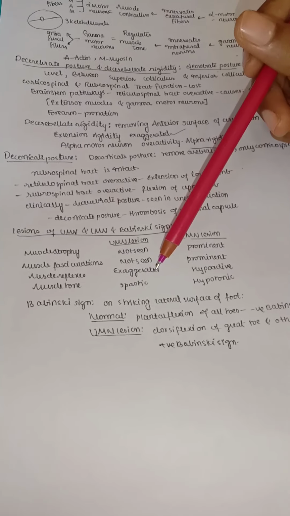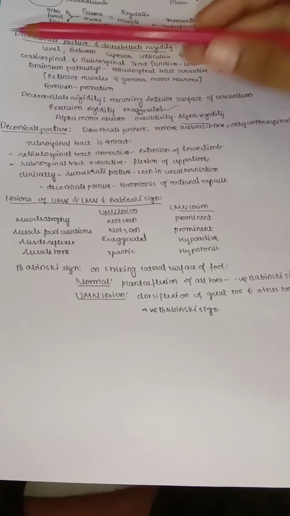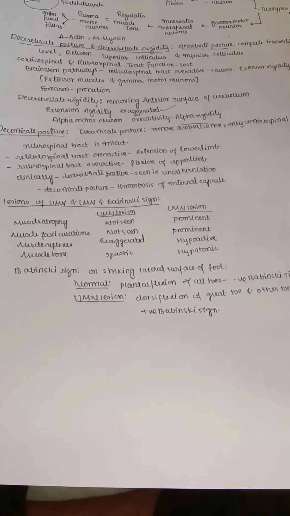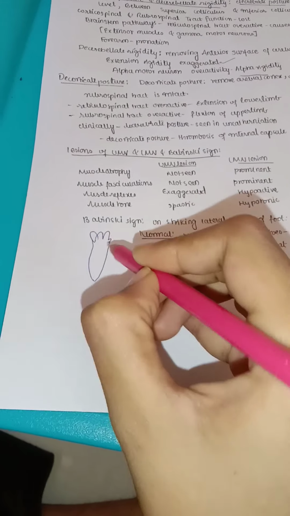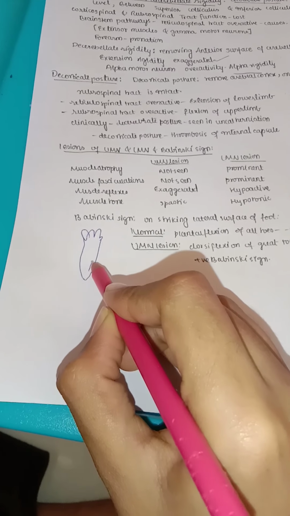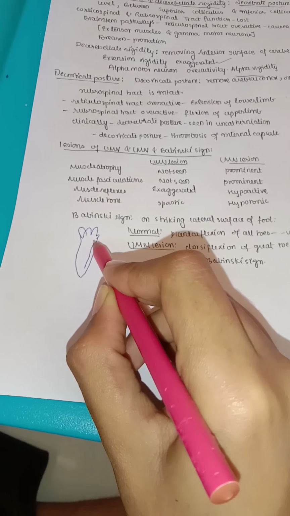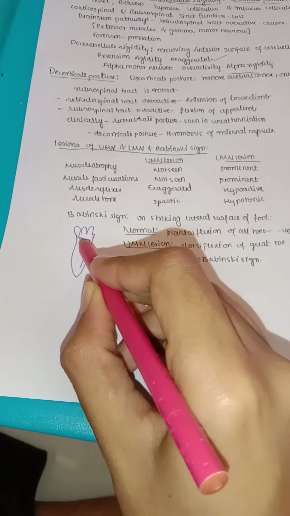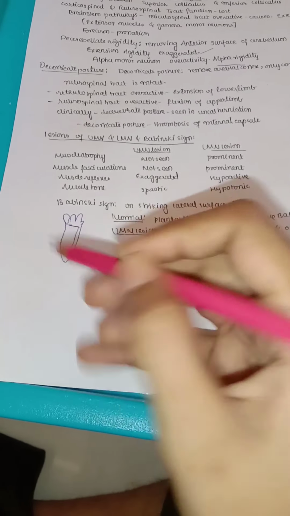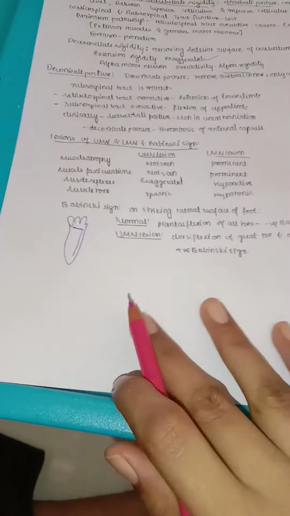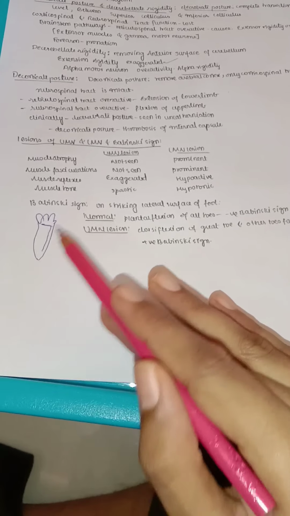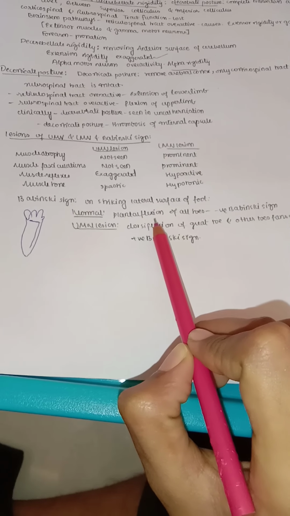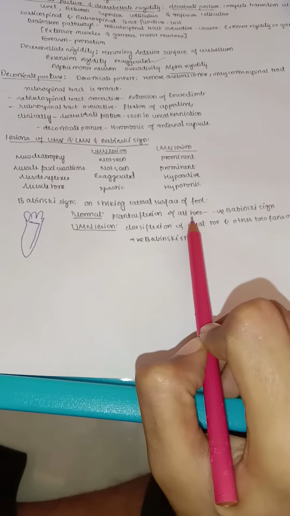Now let us see what the Babinski sign is. The Babinski sign is elicited on striking the lateral surface of the foot. For example, this is a foot, and if we draw along the lateral side of the foot towards the toes with the help of some metal object, on the sole of your foot, then the normal response is plantar flexion of all toes.